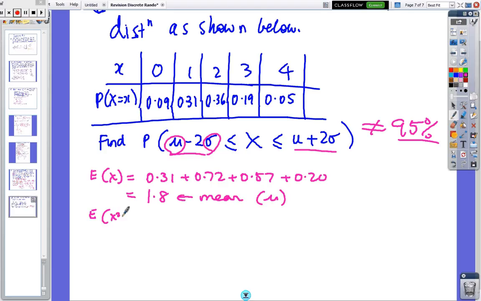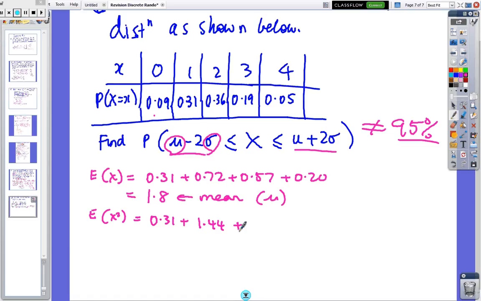So we've got E(X squared). Okay, so we're going to multiply. So the first one's 0 again, and then 0.31, and then 4 times 0.36 is 1.44. 9 times 0.19, I can't do that in my head.